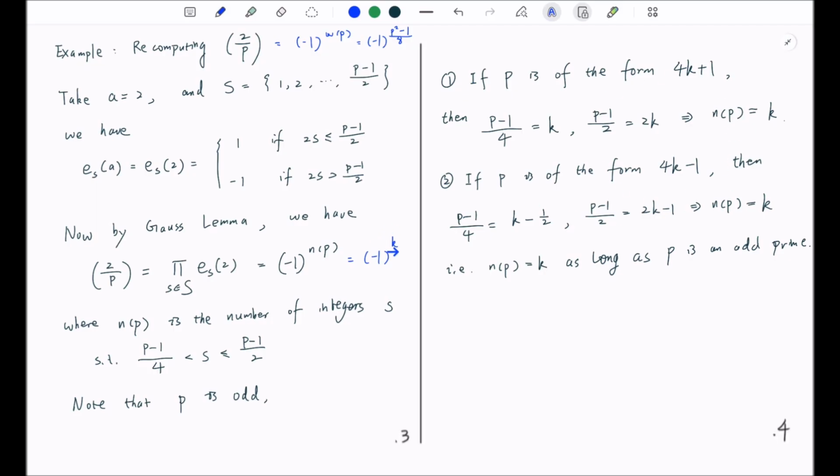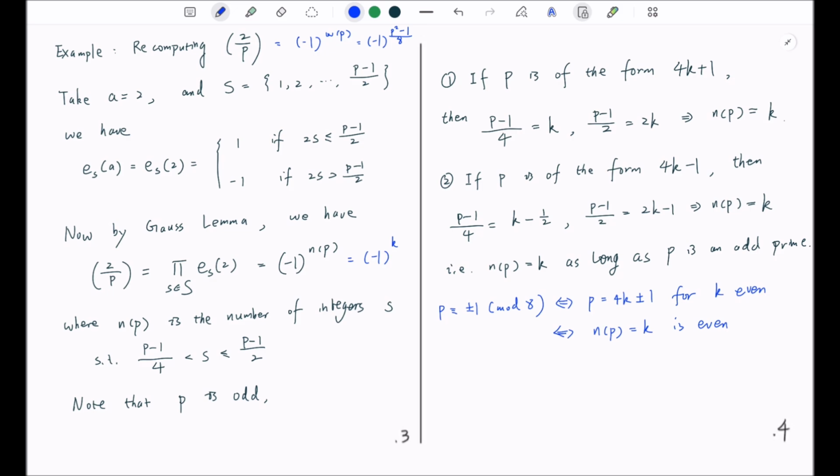And depending on the parity of k, we have two cases. p congruent to plus or minus 1 modulo 8 happens if and only if p is equal to 4k plus or minus 1 for k even. And in this case, n(p), which is k, is even. And at the same time, (p²-1)/8 is also even.